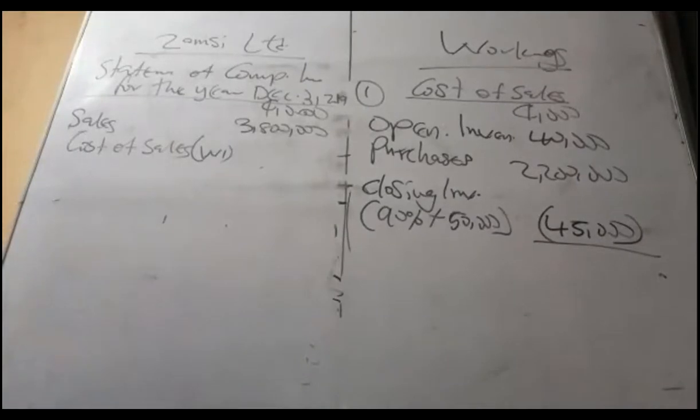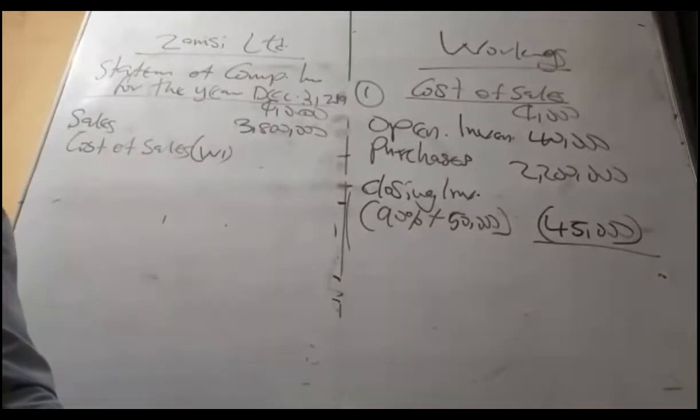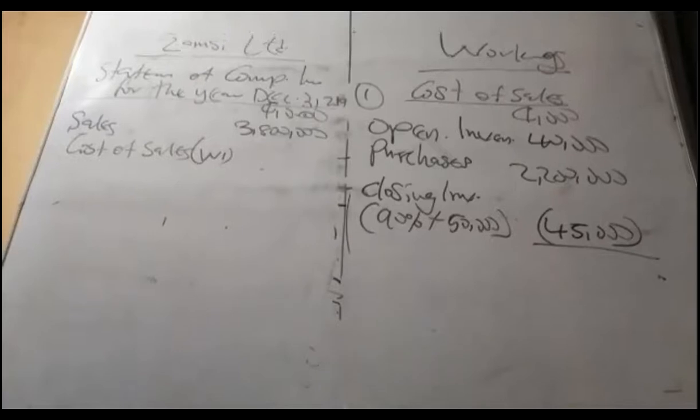Now you ask yourself, is there any other note in the question that will affect cost of sales? Anywhere again they've mentioned cost of sales? Or any note that says we will charge something to cost of sales? No, we don't have something like that. Okay, so if you don't have something like that, then we sum them up.